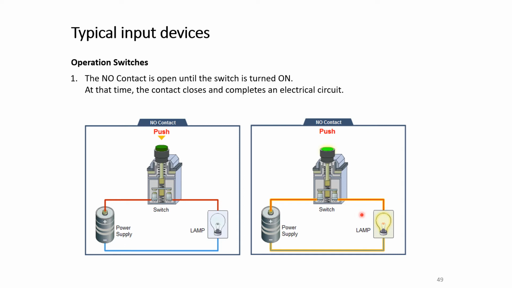For operation switches, the normally open contact is open until the switch is turned on. At that time, the contact closes and completes an electrical circuit. So you see, this is the normally open contact. It's normally open, the circuit is open. We need to activate it, push the button, and then it will close the circuit.